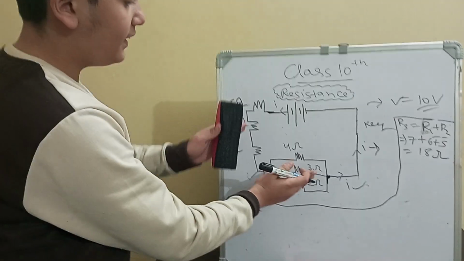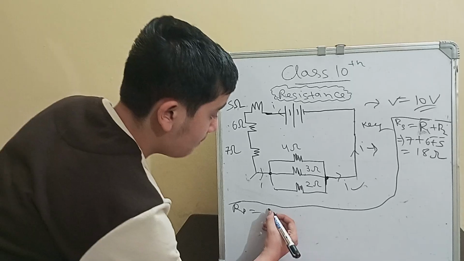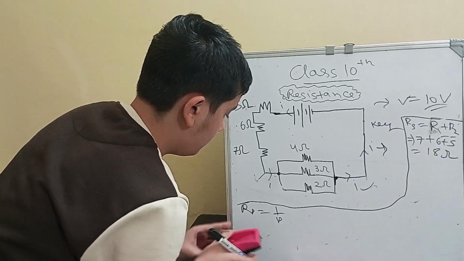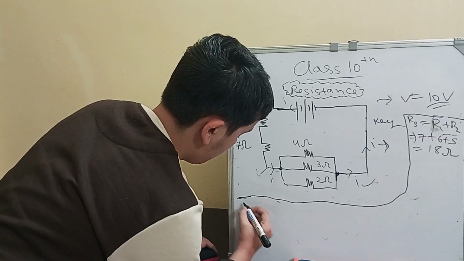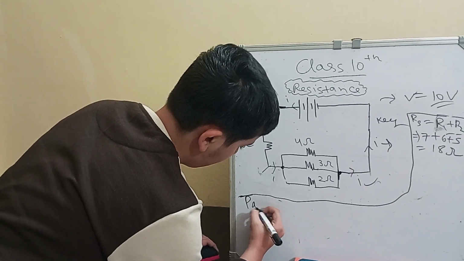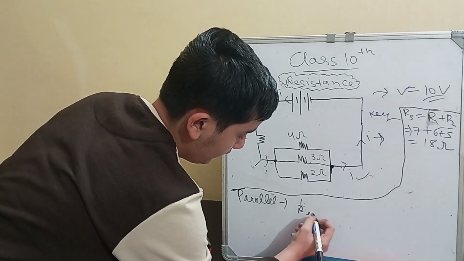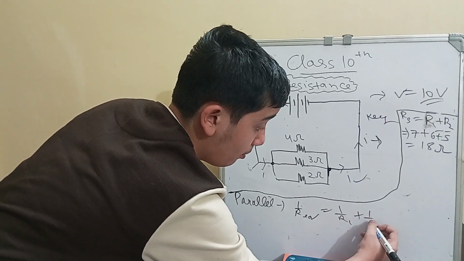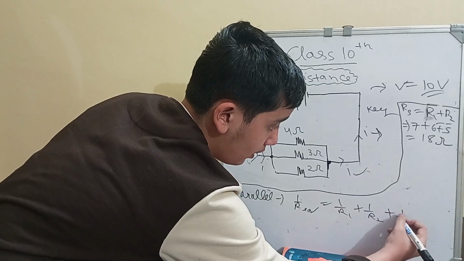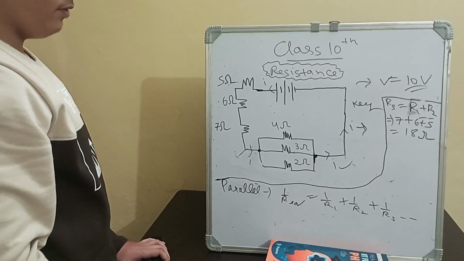I will show you how we connected these two results that we got from here and from here. But first of all, let's apply the parallel formula. I will write it: 1 upon R equivalent equals 1 upon R1 plus 1 upon R2 plus 1 upon R3 and so on. This is the formula, right?